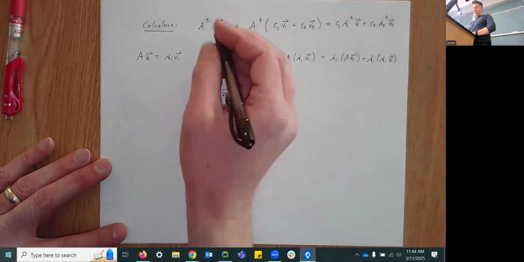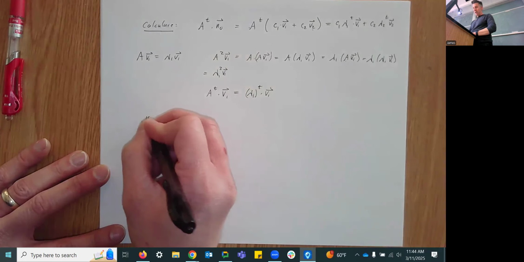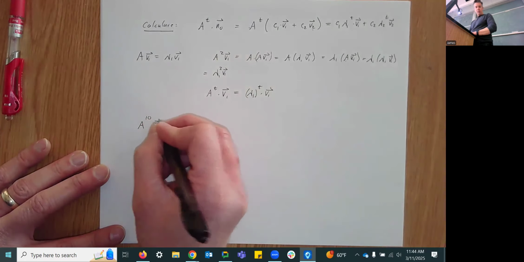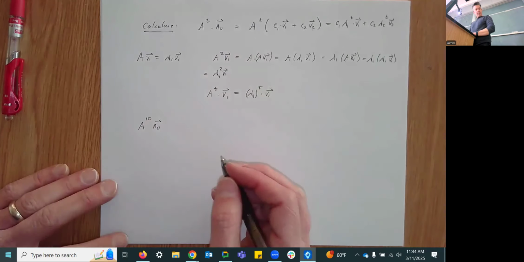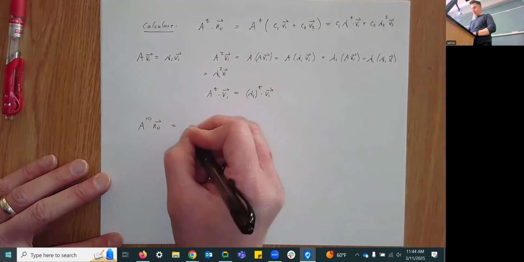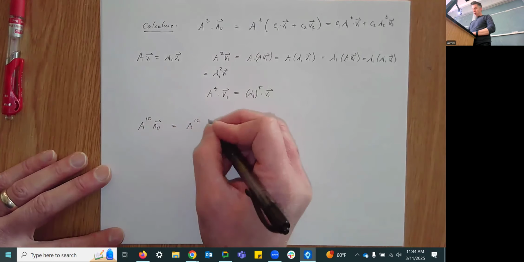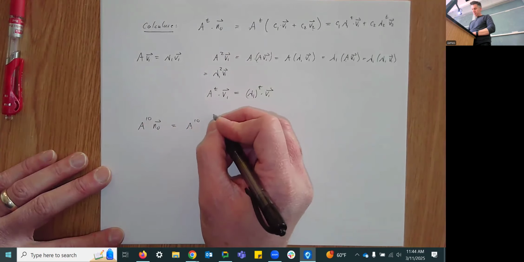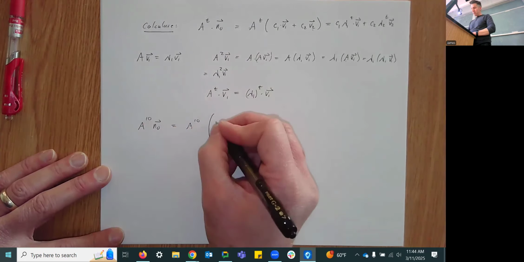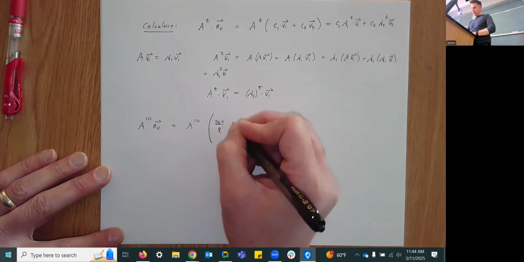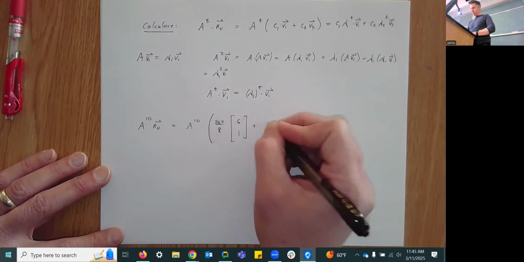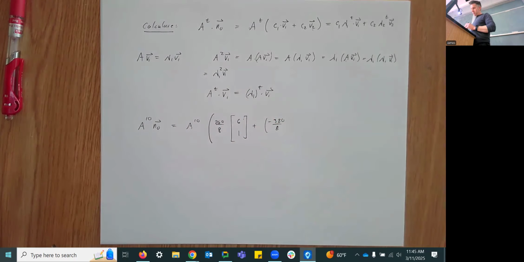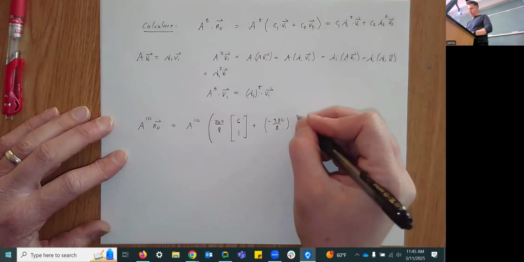So to calculate the thing we're actually trying to calculate, which was A to the 10th times n naught, let me look back here real quick, making sure I'm right. So now we're saying that we're going to have A to the 10th times n naught equal to C1, which is gross, 260 over 8, times our first eigenvector, plus C2, negative 380 over 8, times our second eigenvector.